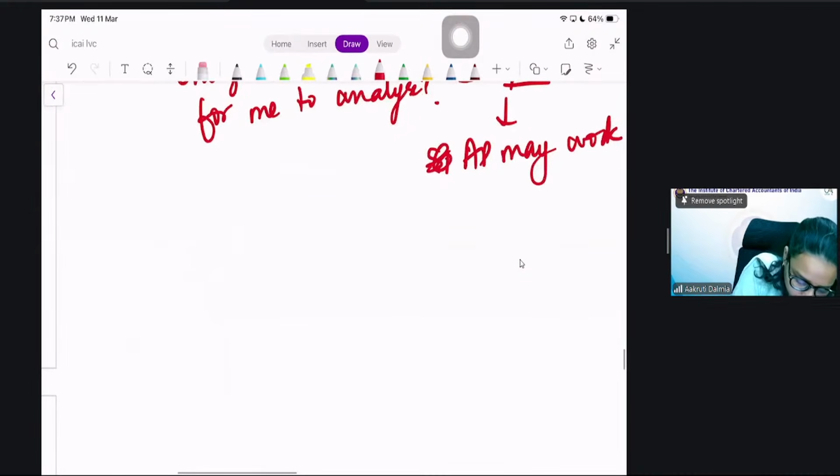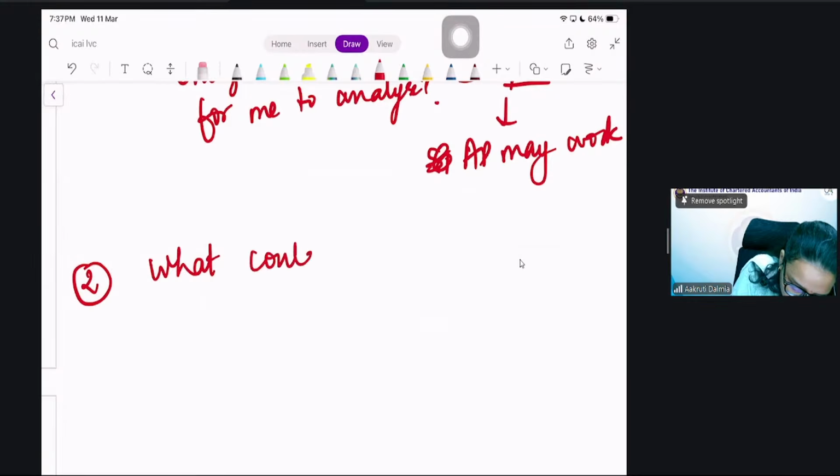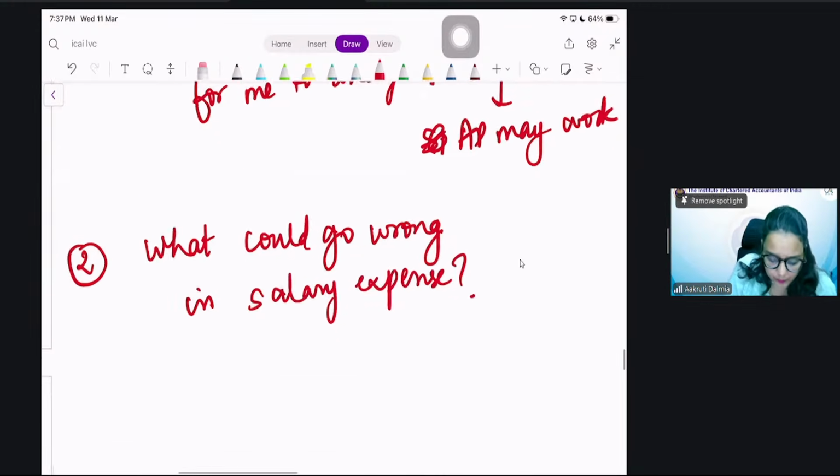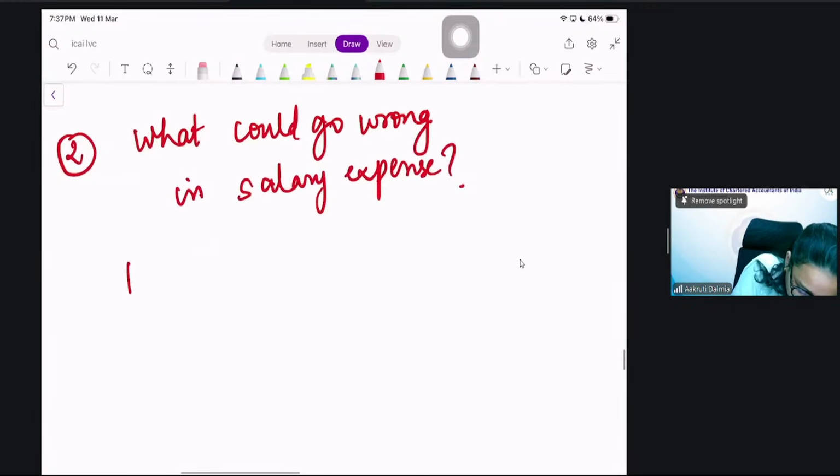Second question I'll ask: what could go wrong in the salary expense account? What are the possible risks?